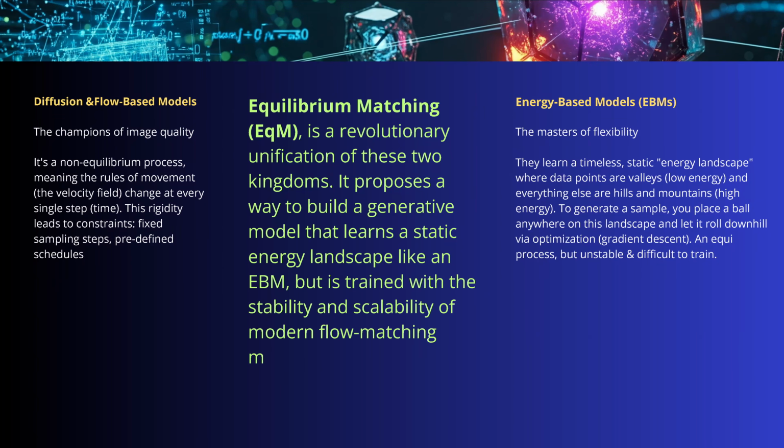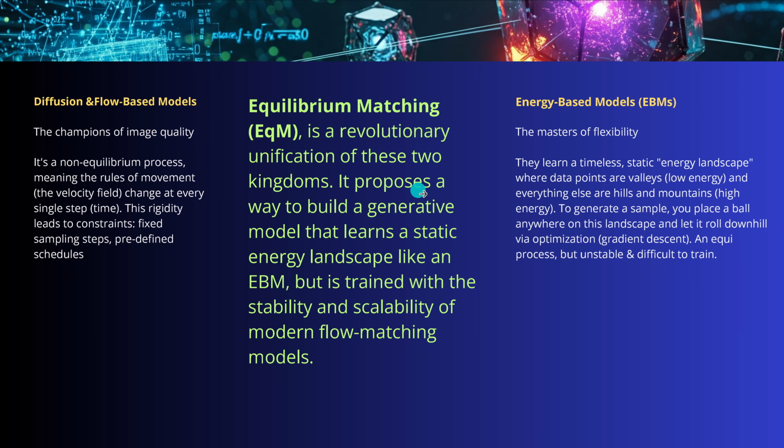But if we understand now that there is a bridge function where we take the best parts of the diffusion and flow-based models, and everything that is good about energy-based models, and we build now the next generation, equilibrium matching. It is really kind of a revolutionary unification of these two, let's call it kingdoms.